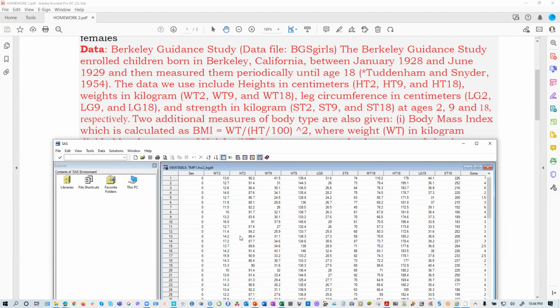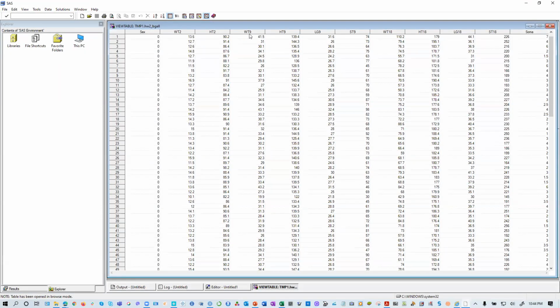They were missing. Then go to 9. Pretty much they have all four of these in 9: height, weight, leg circumference, and strength at the age of 9. Yes, we have all these. Then at the age of 18, weight, height, LG and ST. We are missing those at age 2.